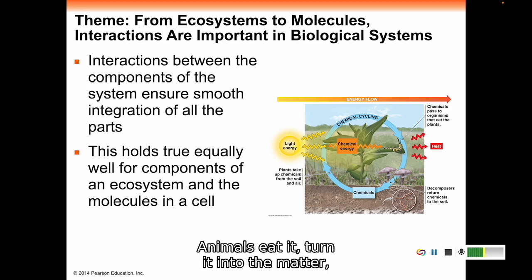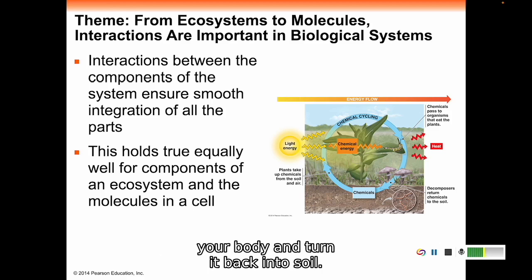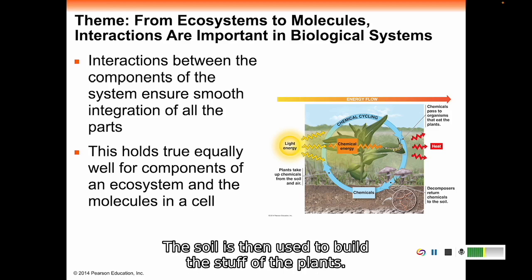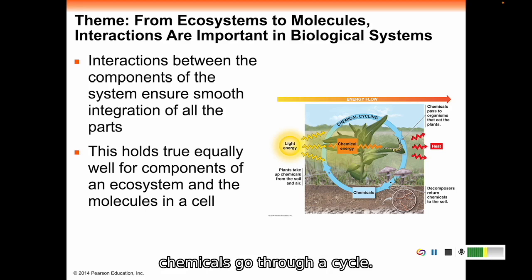Animals eat it, turn it into the matter, the actual stuff of your body, and let you grow. Eventually, the animal dies and is decomposed by mushrooms or bacteria. Decomposers take the stuff of your body and turn it back into soil. The soil is then used to build the stuff of the plants. So while energy goes through a straight line, chemicals go through a cycle.